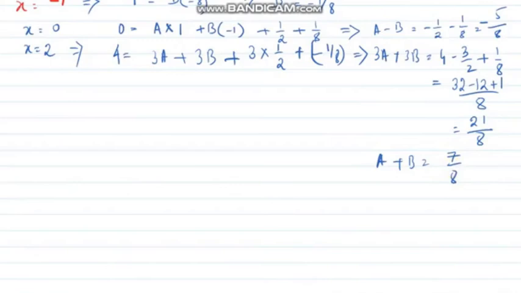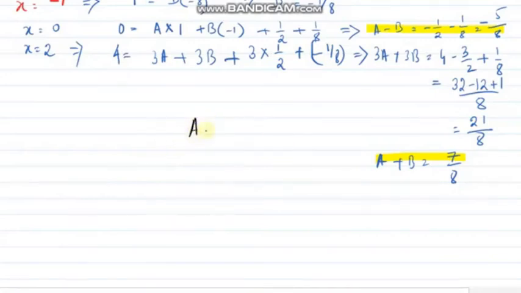Is it fine? One equation: a minus b is minus 5 by 8. Another equation: a plus b is 7 divided by 8. If I add these two equations, 2a will be equals to 2 by 8, so a is equals to 1 by 8, and b will be equals to 6 by 8 or 3 divided by 4, right?